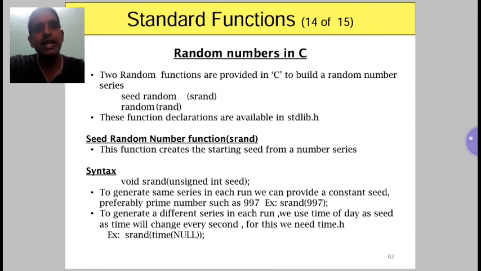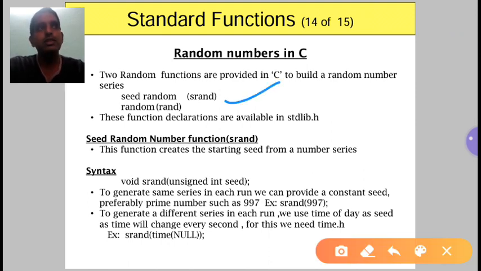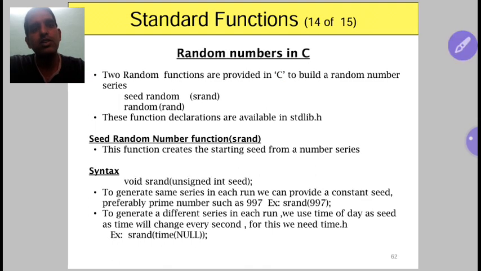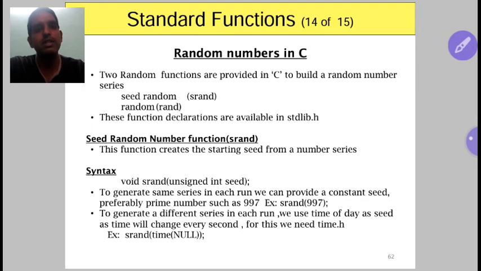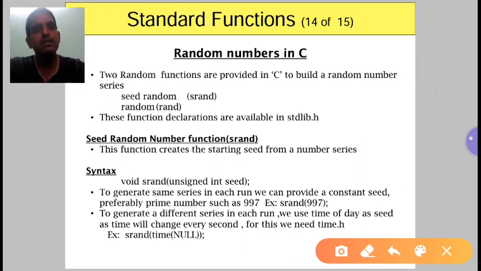If you use srand, it will give you 3 different values at different times. It will not always give you 1, 2, 3. It will give you 5, 6, 7, or 9, 2, 5. With srand, you will be able to generate different random numbers. By using simple rand you will be able to generate random numbers, but successive runs will give you the same random numbers.